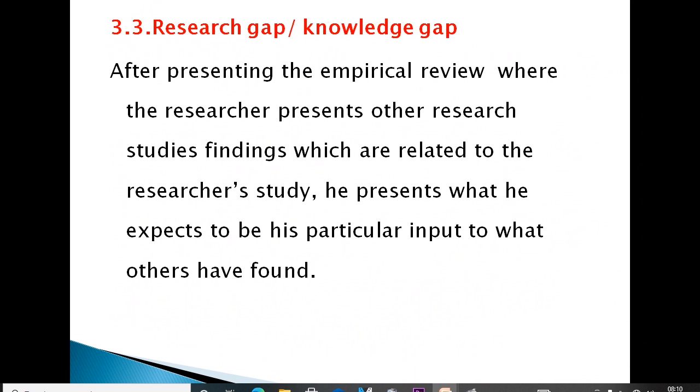Then after presenting a theoretical review and the empirical review, the researcher shows the research gap or the knowledge gap.